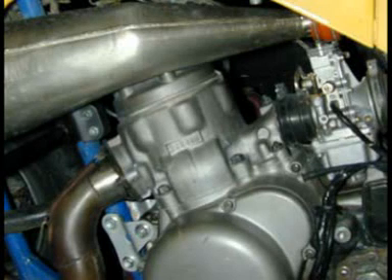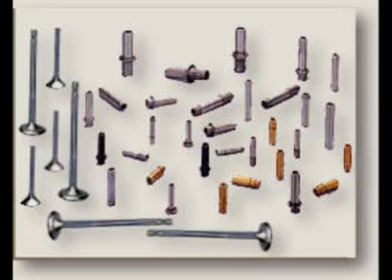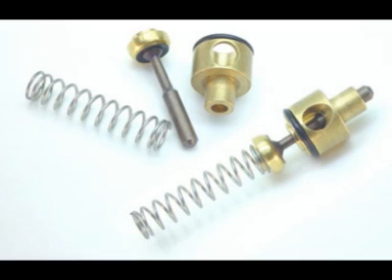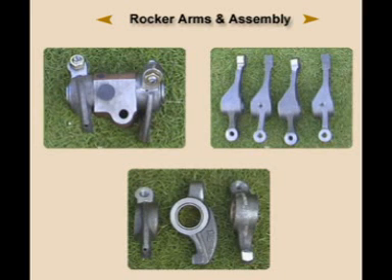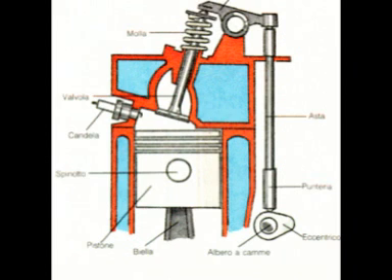Then we have the distribution system of the carbureted mixture of fuel and air into the cylinder, which comprehends the valves, the intake and the exhaust valves, the rocker arms, the command rocker arms of the valves, the rods of the rockers, and the tappets, which are called in Italian punterie, and the distribution shaft or eccentric shaft.